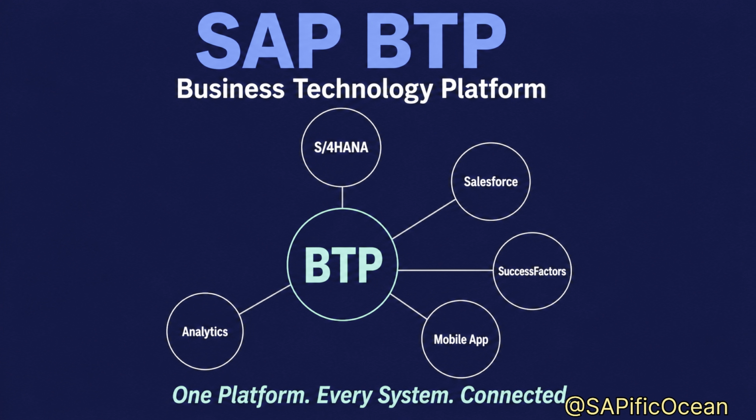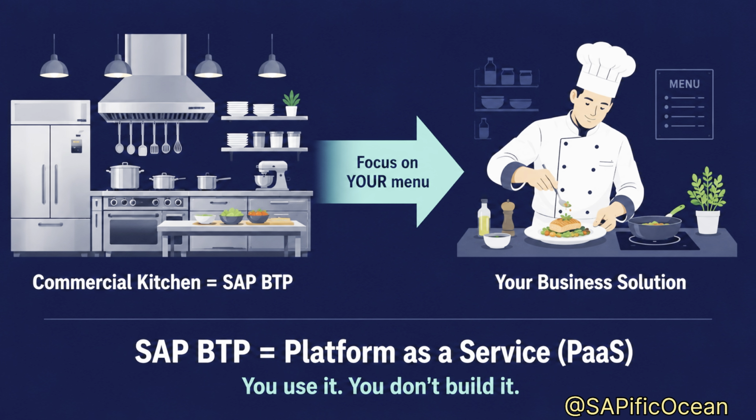Let me give you an analogy that will make this crystal clear. Imagine you want to open a restaurant. You need a kitchen, electricity, gas, refrigeration, billing system, supply chain for ingredients, staff management. Building all of this from scratch would take years and cost crores.